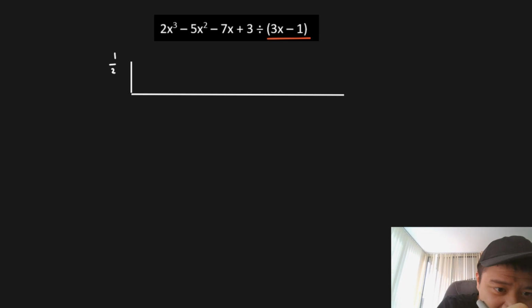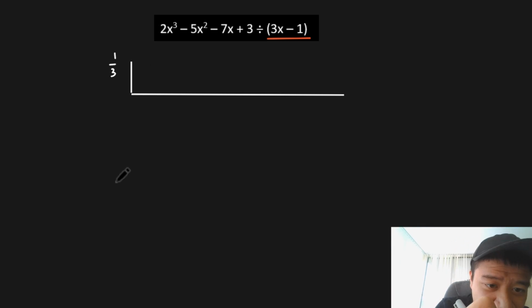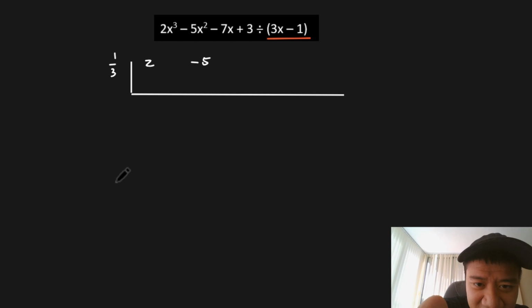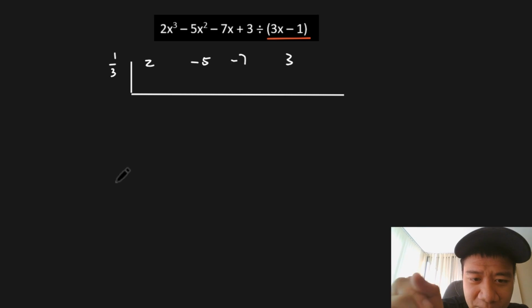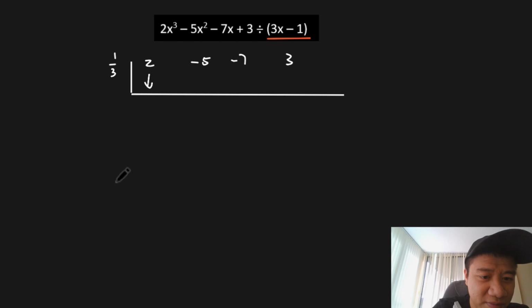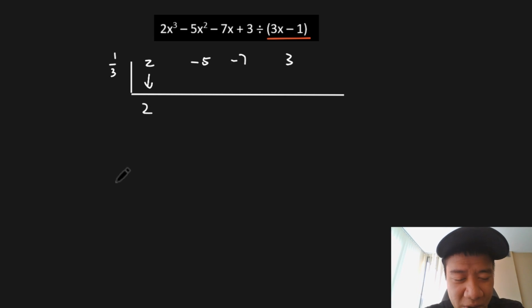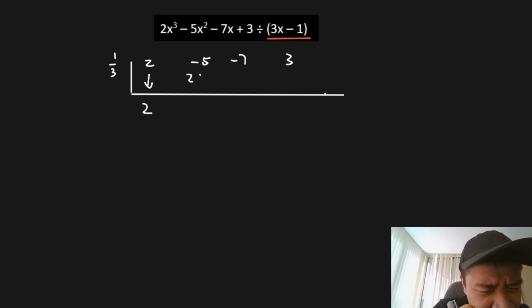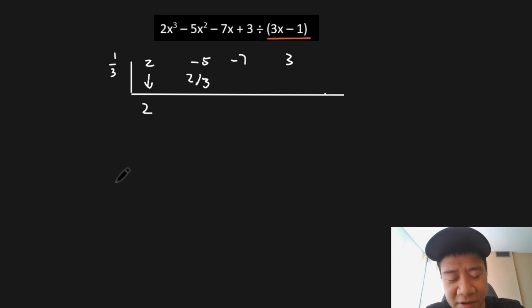Okay, so the setup is the same: 1/3, -2, -5, -7, 3. Bring down the 2. All right, 2 times 1/3 is 2/3. Put that over here.